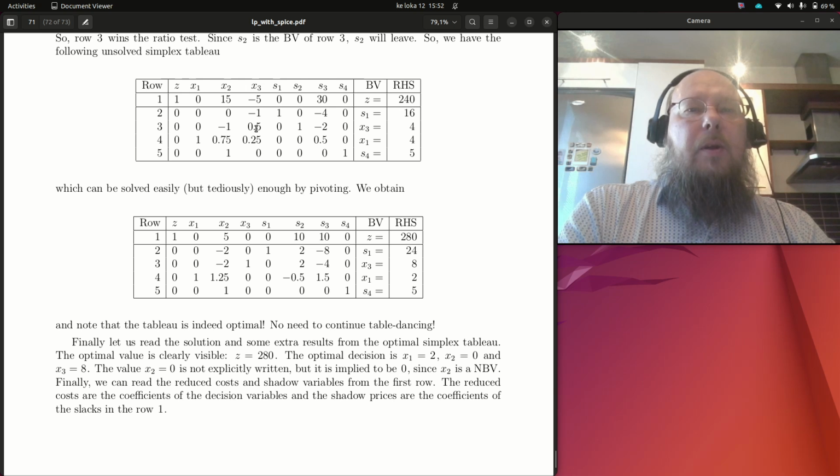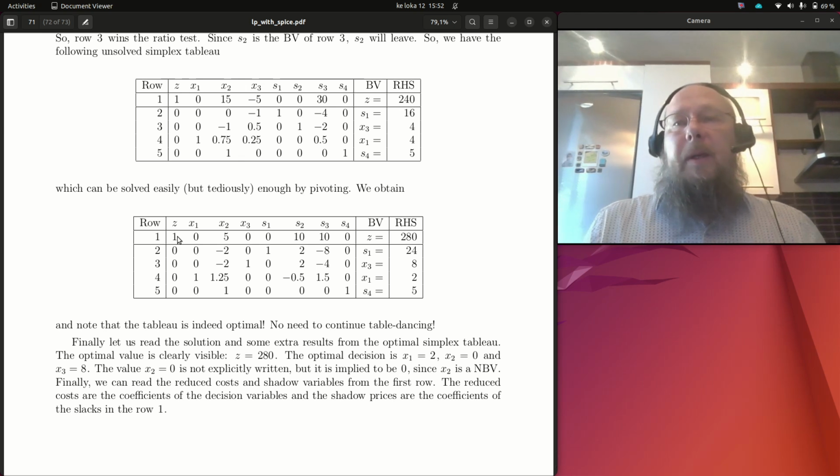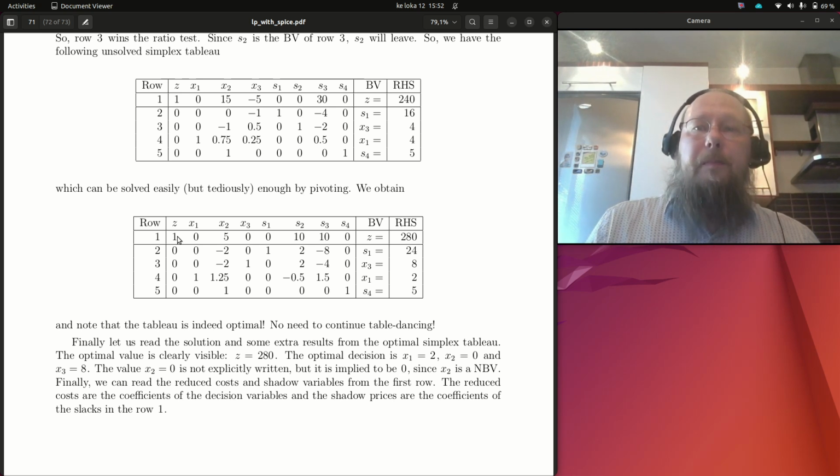So we actually have to add this line, 10 times the first line. So 10 times 4 is 40, so we add it, so this 240 becomes 280. And all the rest of the numbers you probably should understand how they become also. So pivoting, pivoting, pivoting, pivoting. That's what you are doing.